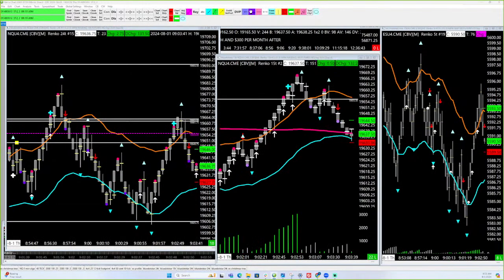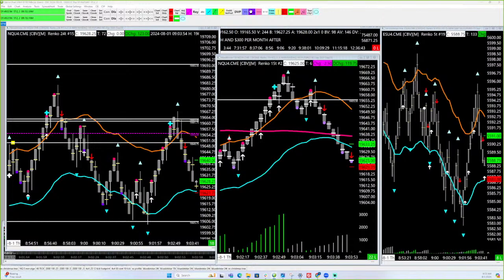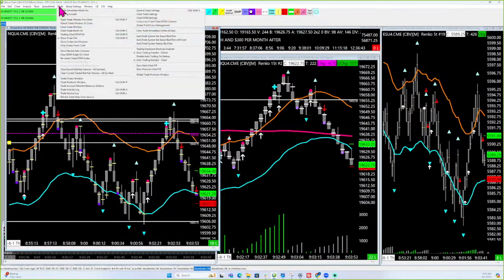I got it. I'm going to flat it, but for some reason I got it at 52, but for some reason, let's see, trade. It should have shown it here. Trade, that's what I wanted to see.